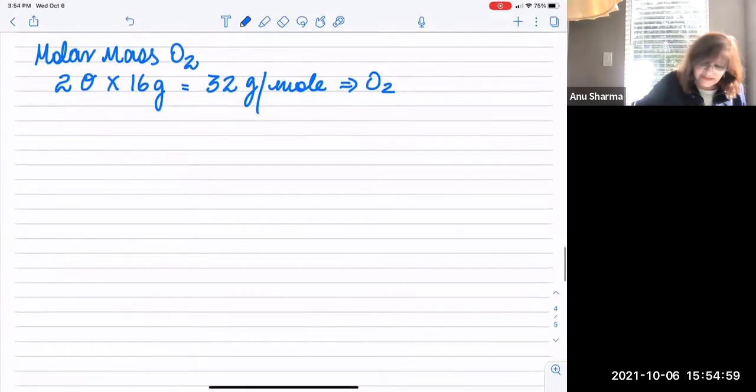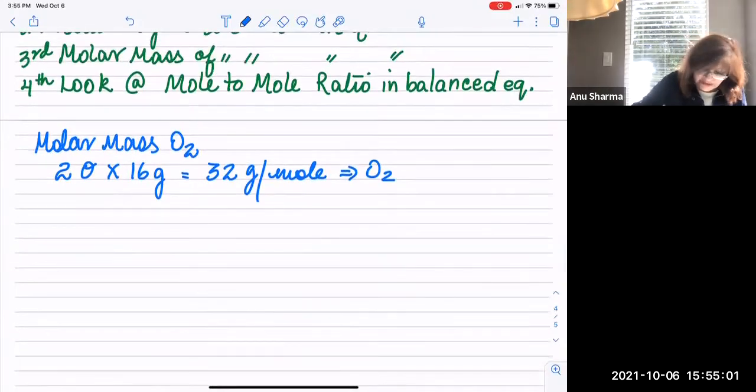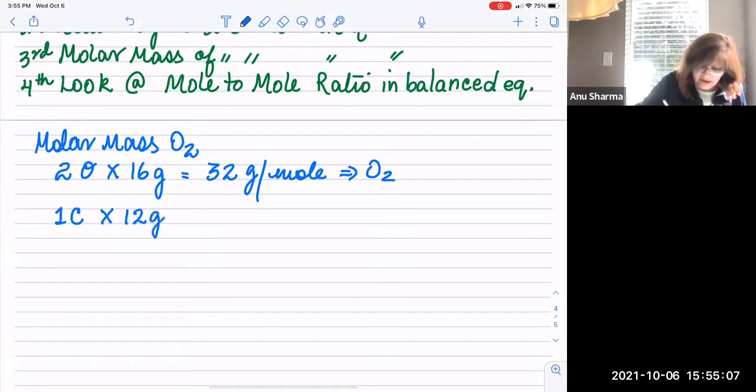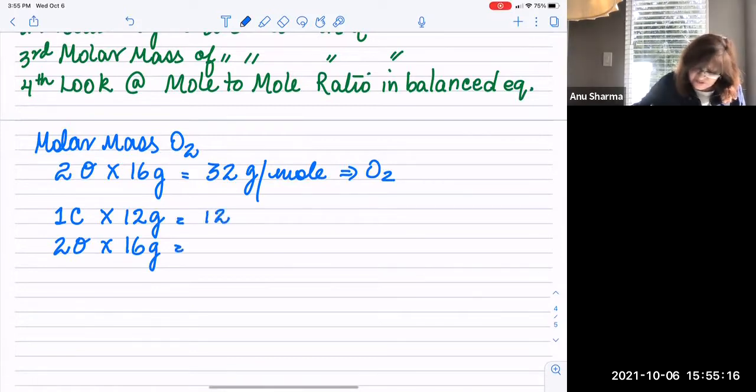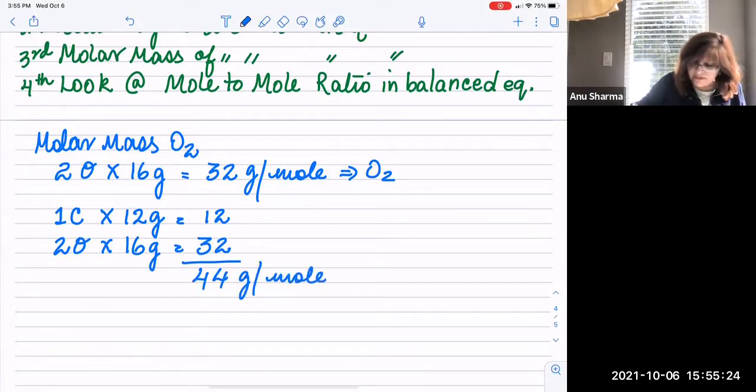Next is CO2. In CO2, there is 1 carbon, which is 12 grams, and there are 2 oxygens, each 16 grams, so 32 grams. So we get 44 grams per mole of CO2.